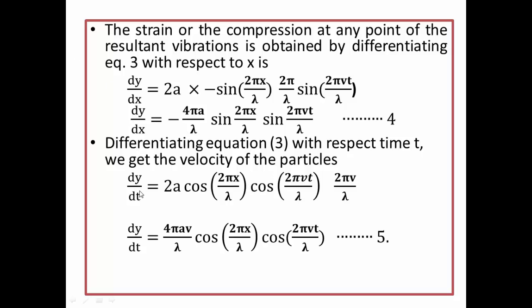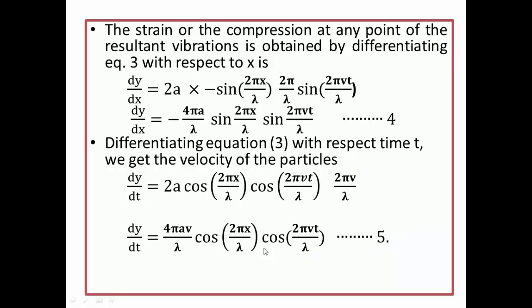So dy by dt of equation 3: cos twice pi x by lambda is constant, 2a is also constant, and differentiation of sin is cos twice pi Vt by lambda into twice pi V by lambda. You multiply this with this, we get 4 pi aV by lambda into cos twice pi x by lambda into cos twice pi Vt by lambda. This is equation 5.